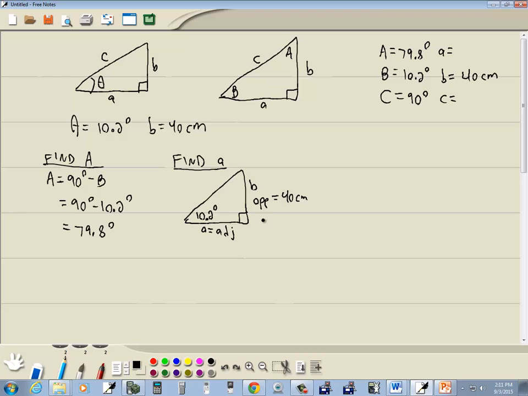So we're looking for something that deals with opposite and adjacent. Well, that's tangent, if we look at our formulas. So tangent theta is equal to opposite over adjacent.